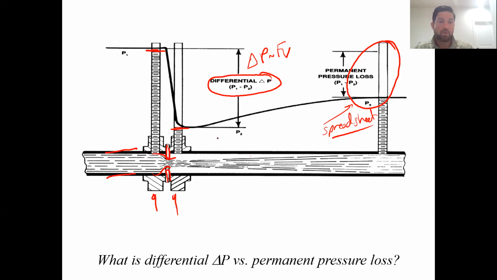Okay, so what we want to do is determine two things. The first is, what is the size of this orifice? So how much constriction are we doing on the pipe? What's the inner diameter? And what is the differential pressure that we need to be able to measure for this process? So those are the two things that we need. And sometimes it can be a little bit of an iterative process to determine it.